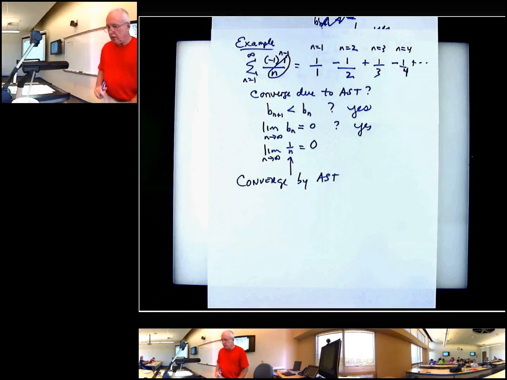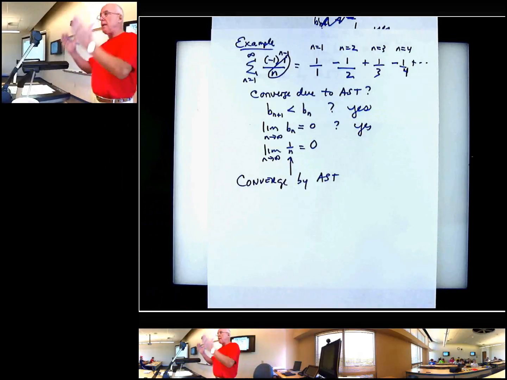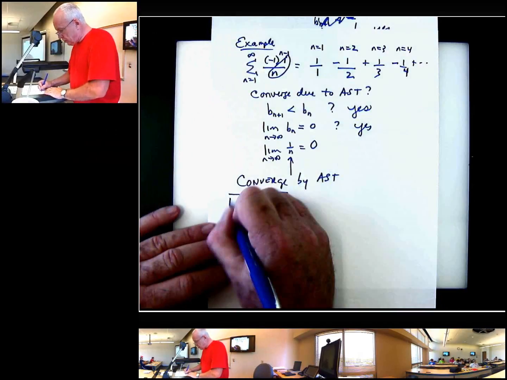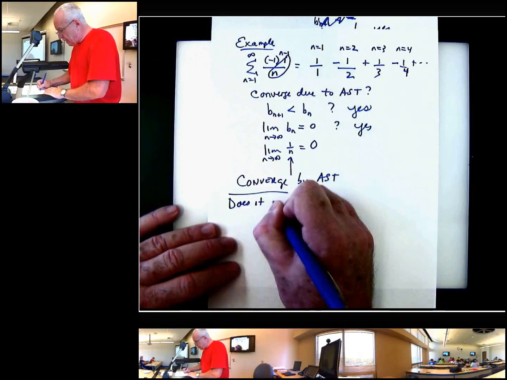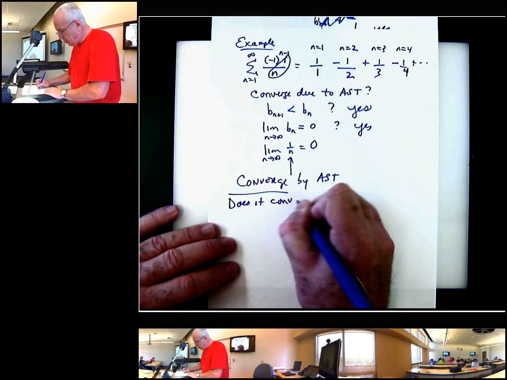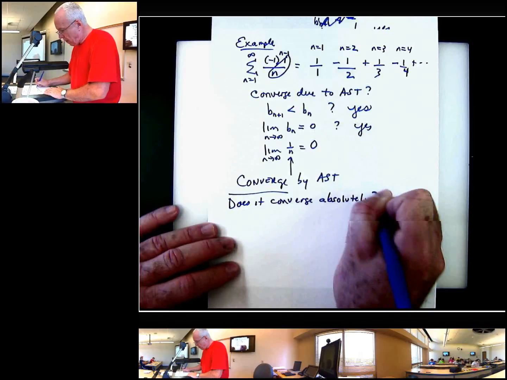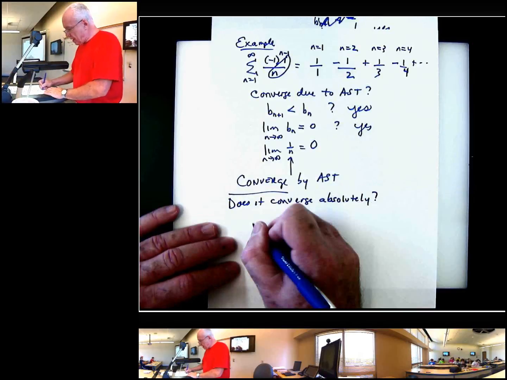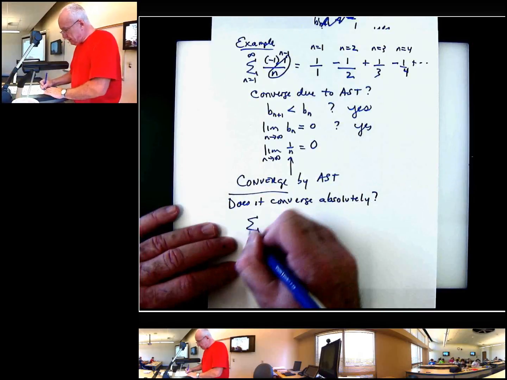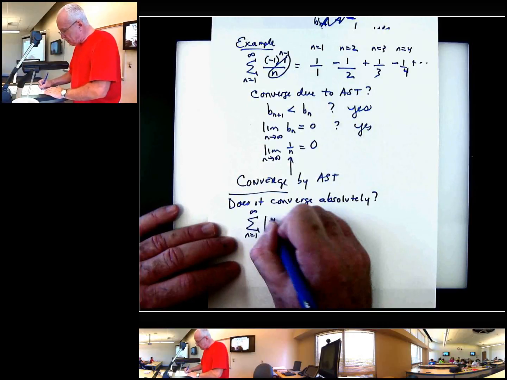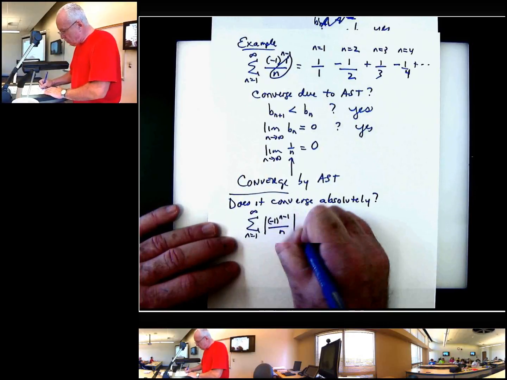Okay. Now let's put absolute values on this thing. So let's ask this question. Does it converge absolutely? What we have to look at then is the summation of the absolute values of this, so that's -1 to the n minus 1 over n.